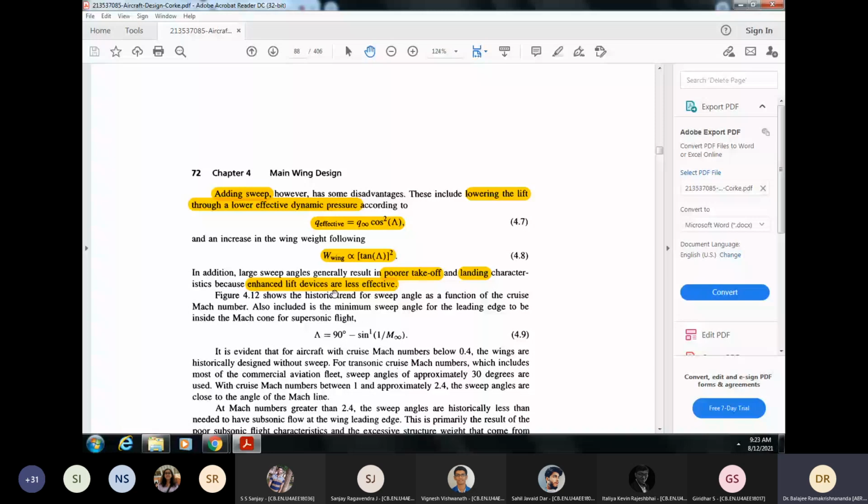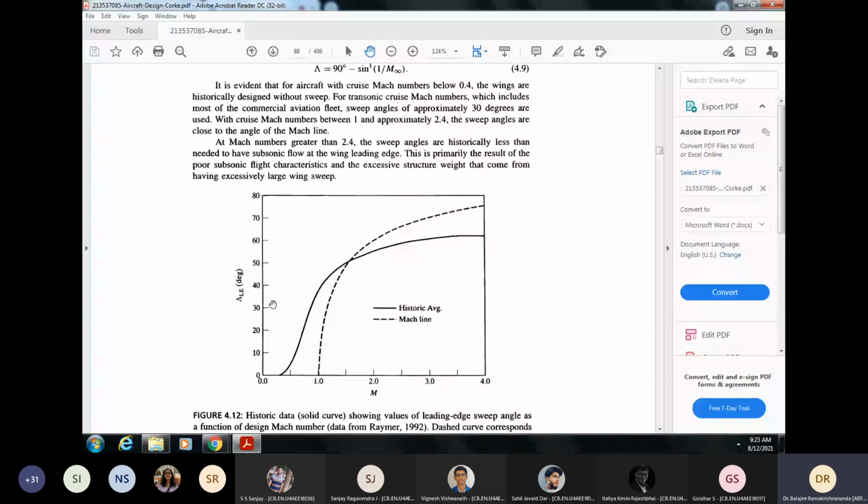This is one historical figure which shows the leading edge sweep versus Mach number. The dotted line shows you the Mach line, which means that for a Mach number of, for example, 2, what sweep will give you a Mach number of 1.